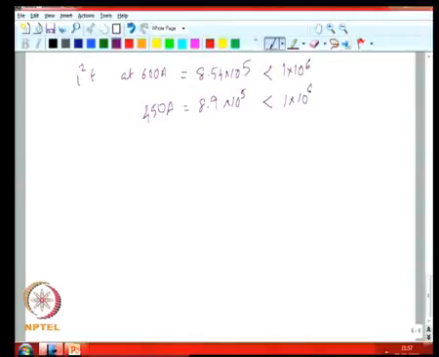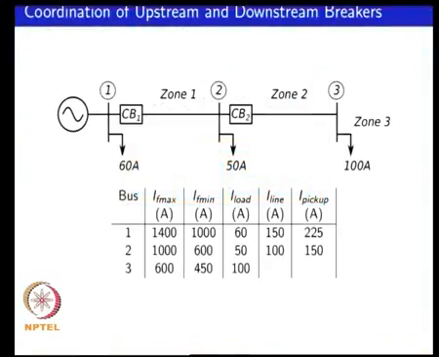However, in many situations it may not be possible to obtain all the possible conditions. You might have situations where, in the example that we have been looking at, the fault current levels are not overlapping. If you have overlapping ranges of fault current levels, you may not be able to achieve all the conditions of your coordination requirement.